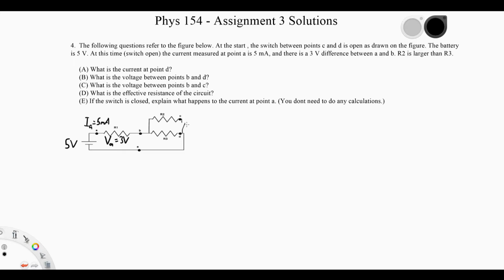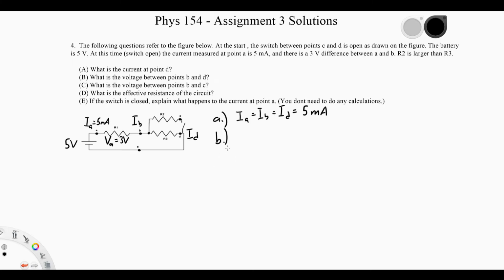So what we notice is that the switch here is open, which means that there is no current going through this top branch, which means all of the current hits this junction, and because none of it goes upwards, it is all going to continue on through R3 and ultimately through D. So in this case, IA is actually equal to IB and ID so long as that switch is still open, which means IA is equal to IB is equal to ID, which is just still equal to that 5 milliamps we started out with. Okay, so that is the answer to part A.